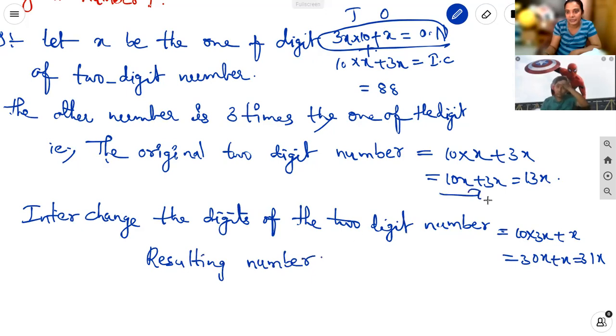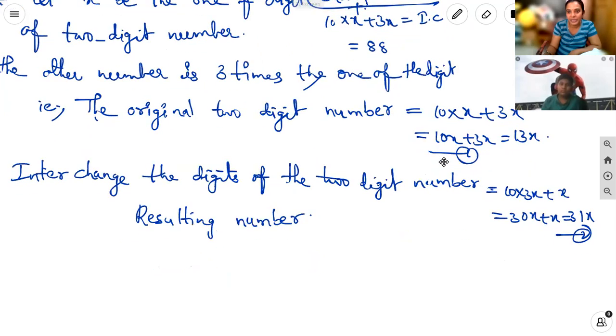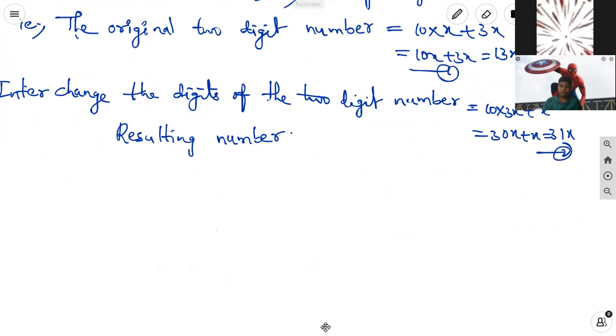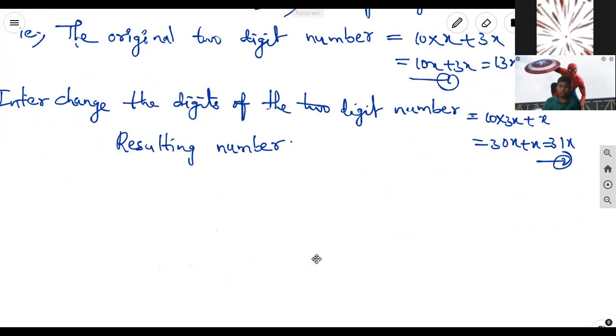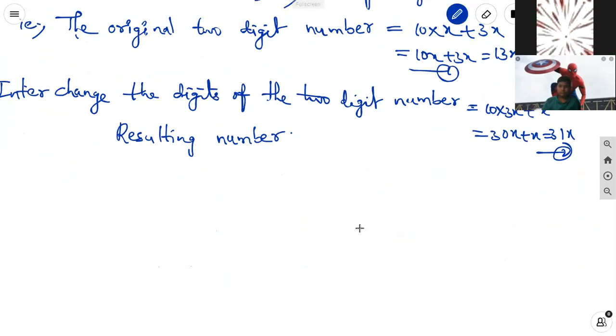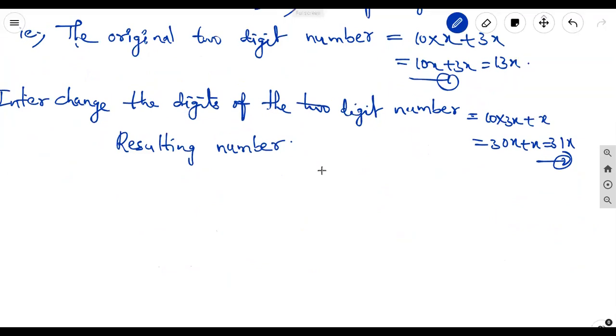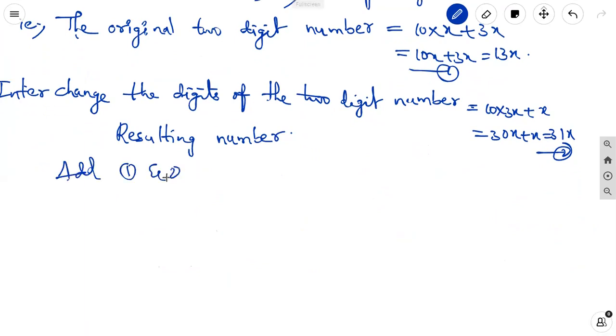Let it be equation 1 and this equation 2. Add the original number and the interchanged number, equations 1 and 2, and we get 88.